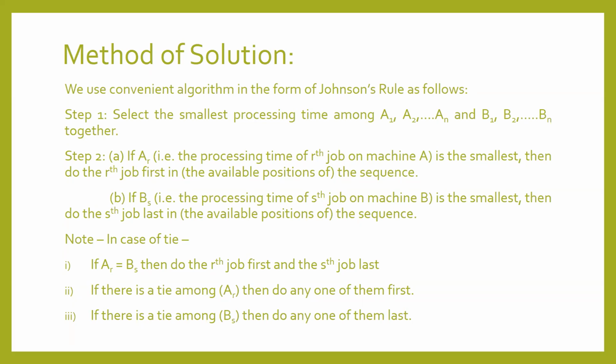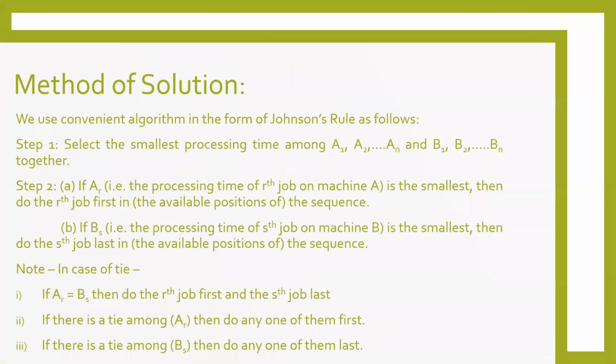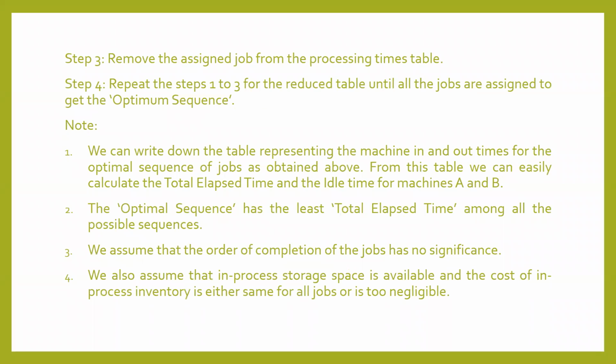Now, this is a very repetitive job. So step number 3 would be to remove the assigned job from the processing times table, and then repeat steps 1 to 3 again, till we assign all the jobs. Whatever sequence I get after completing the assignment of the jobs in the sequence will be the optimum sequence.